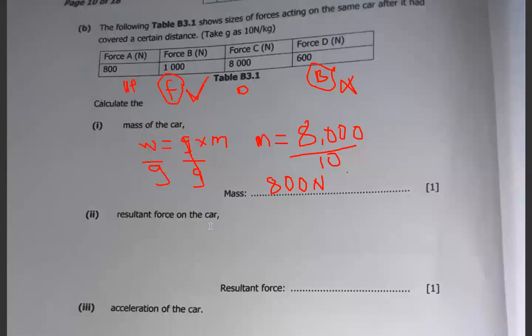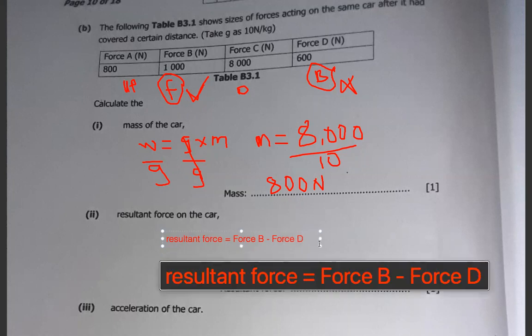So we'll say resultant force is equal to forward force, which is force B minus force D, which is the backward force.